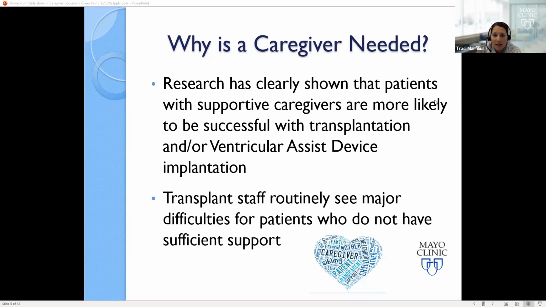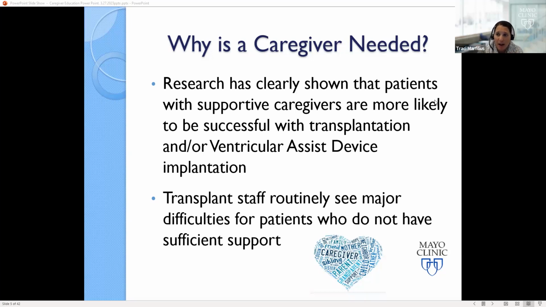When they don't have that sufficient support, the transplant staff routinely see major difficulties for these patients. And those look like the exact opposite of what I just said. Patients don't show up to their appointments or they show up late. They're not exercising like they should. They might not be eating the right foods. They don't take their meds on time.